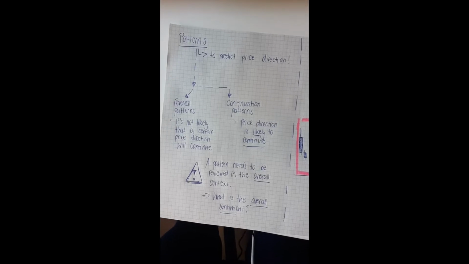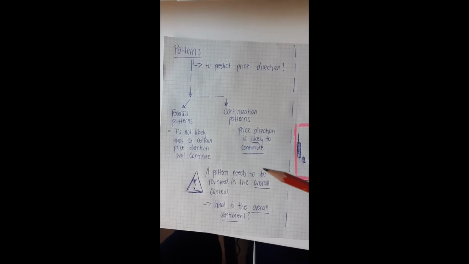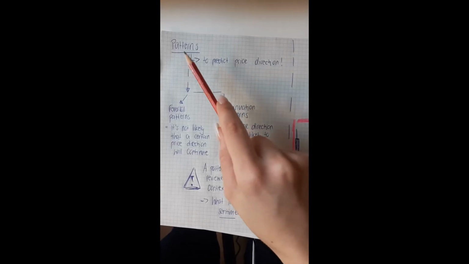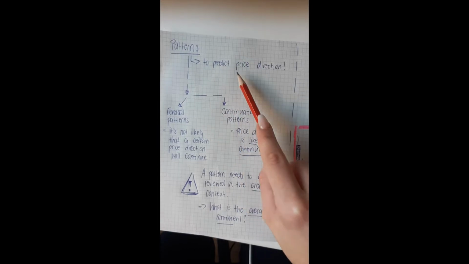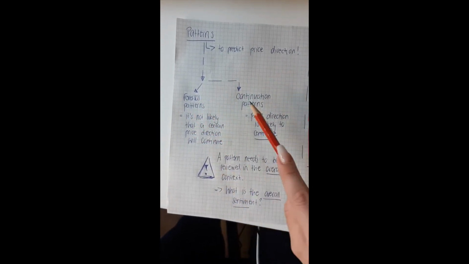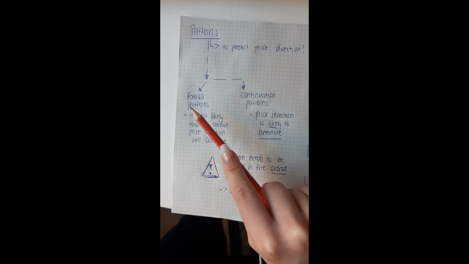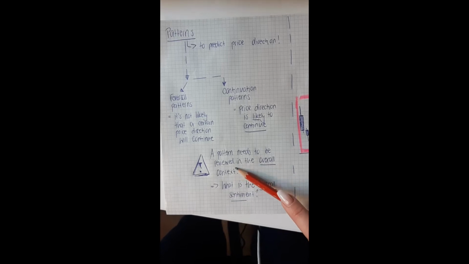Alright, now as you already know from my very first video, which I uploaded, Introduction to Technical Analysis, there you have learned patterns are usually there to predict a particular price direction. And you already know that we always have two major groups, either reversal patterns or continuation patterns. One thing is very important here.